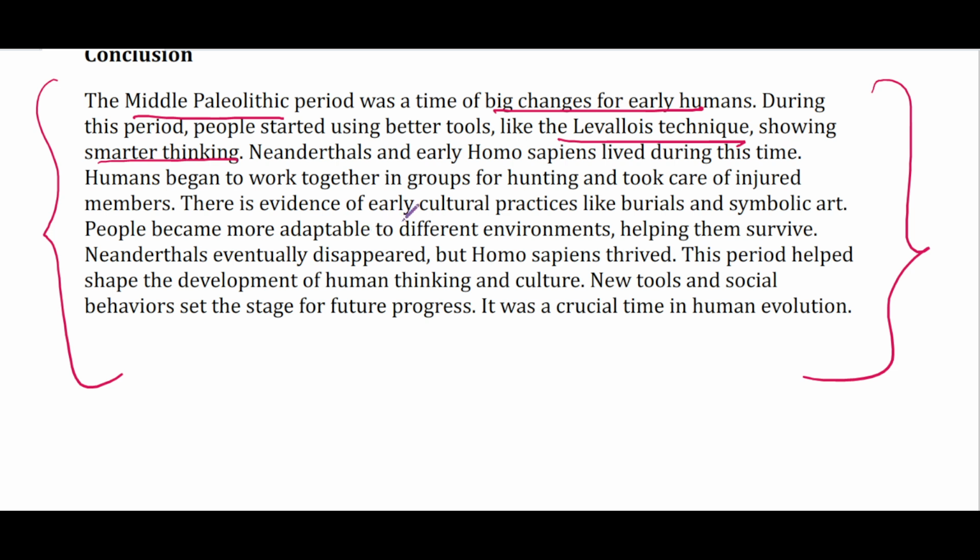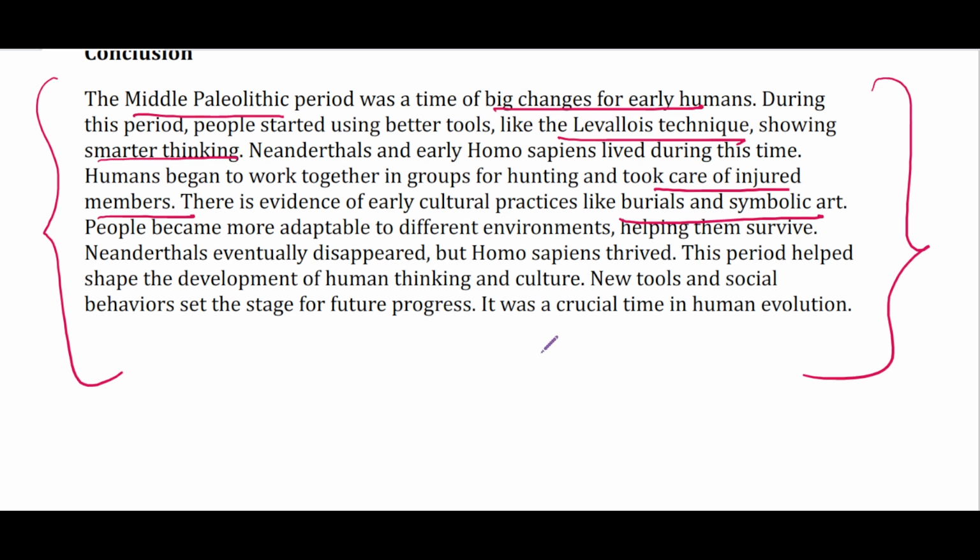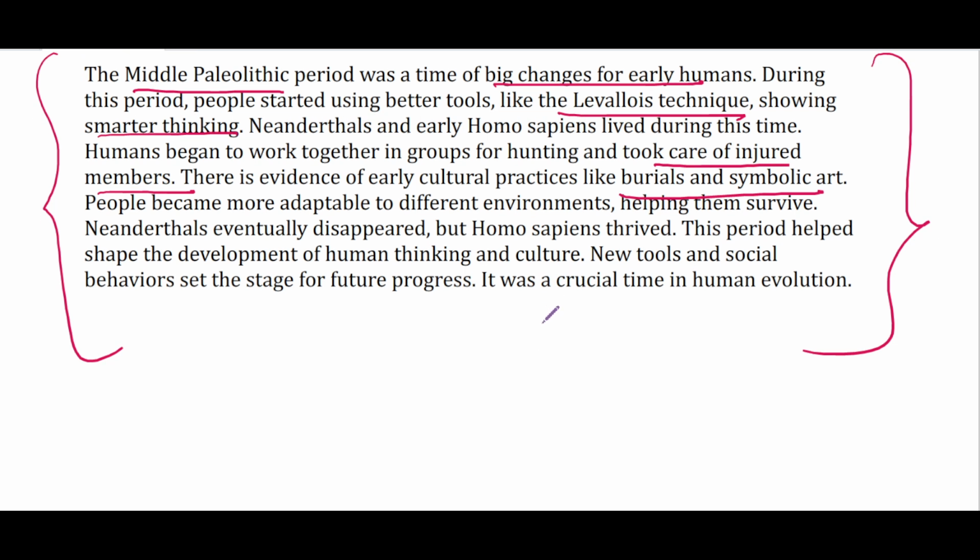Evidence suggests that both humans and Neanderthals took care of their injured members, and there has been evidence of burial and symbolic art, which suggests some form of social hierarchy and a proto-social system was also developing. And this period also set the stage for the complex Upper Paleolithic.